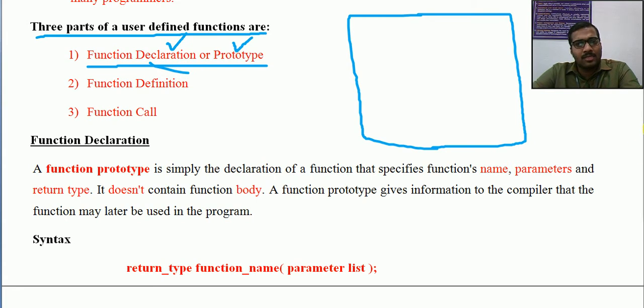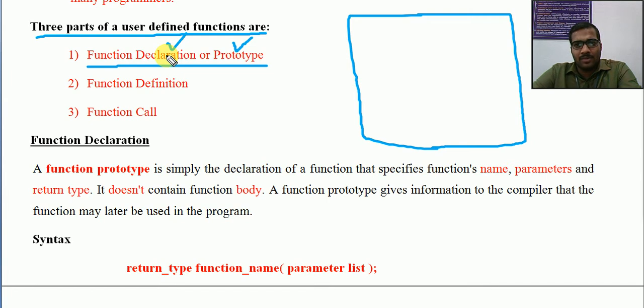Just as we need to declare a variable, because the compiler must know that this variable will be used in the program, similarly if I am going to use a function in my program, I need to declare that function.